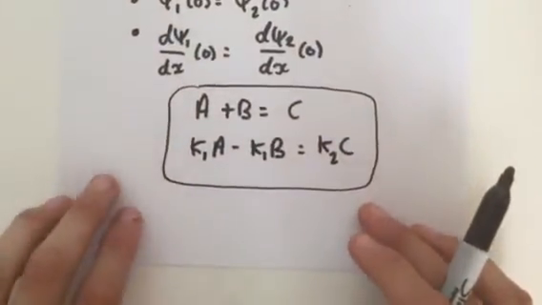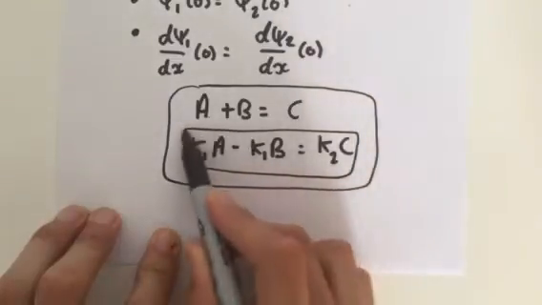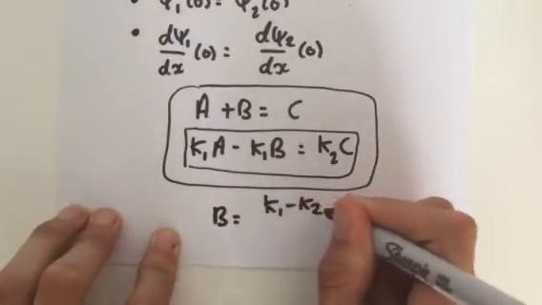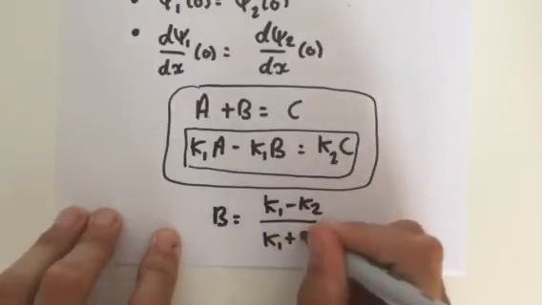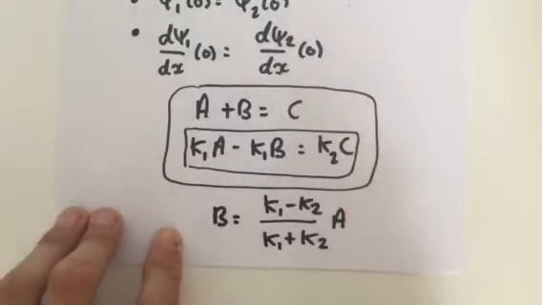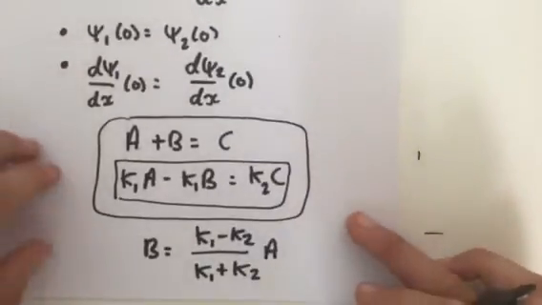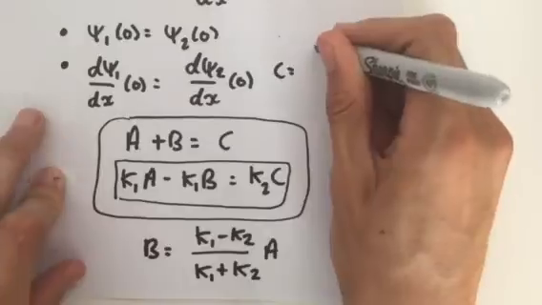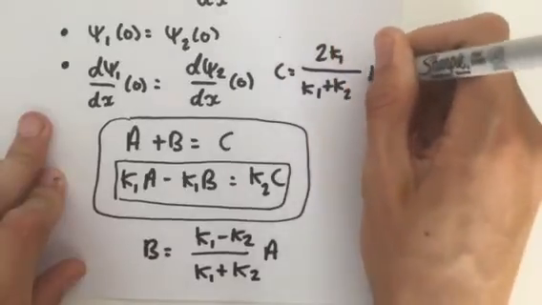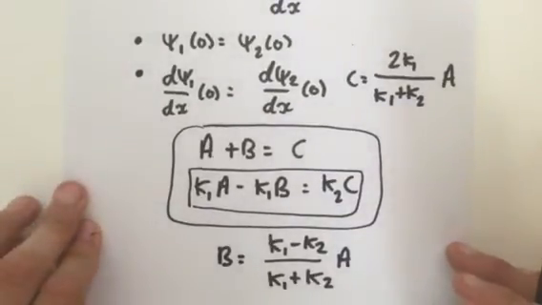If you solve for B, you get that B is equal to (k1 minus k2) divided by (k1 plus k2), multiplied by A. And you can solve for C in terms of A: C is equal to 2k1 divided by (k1 plus k2), times A. There's no need for me to show you how to rearrange; we all know how to rearrange algebraically. That's what you get for C and B.